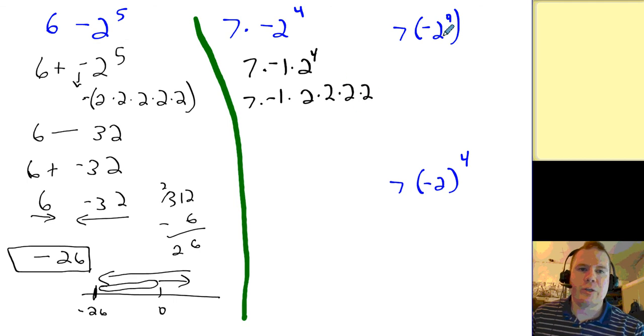Well, over here, that's saying the same thing. This is the opposite of 2 to the 4th. Here, I have 7 times negative 2 4 times.